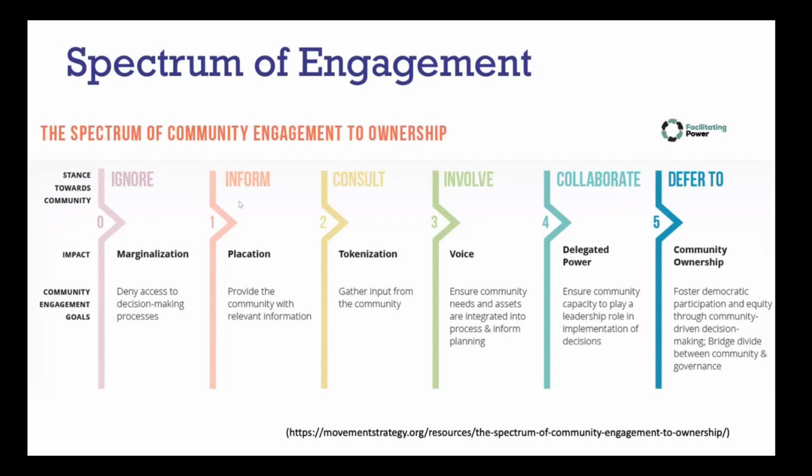We might inform them, bring them in just to tell them about what we're doing and get their input, or at these higher levels you're giving them more of a voice, more power, and eventually it gets up to this level. This won't always be necessary, and they won't always be ready for it, but there are different levels. But what sort of issues were you thinking of, Emma?